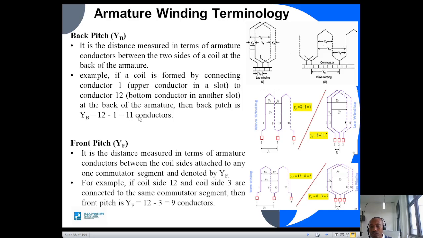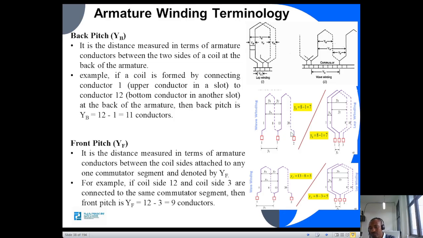And for example, if coil side 12 and coil side 3 are connected together on the same commutator segment, then the front pitch is the difference of the two, 12 minus 3, which is 9 conductors.